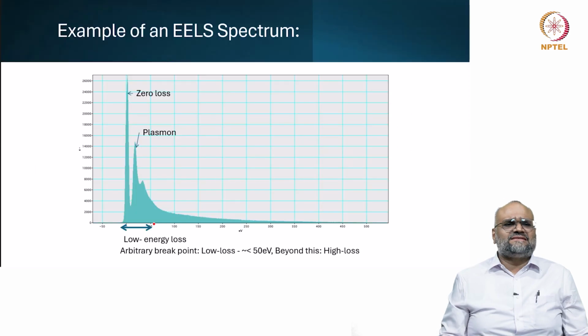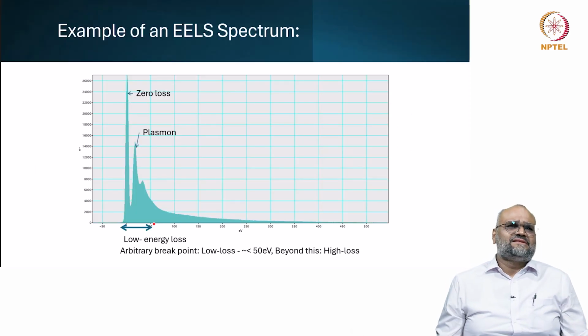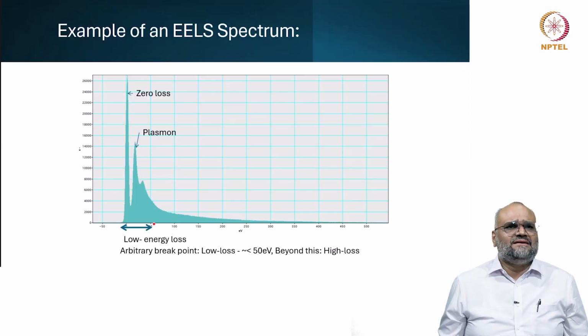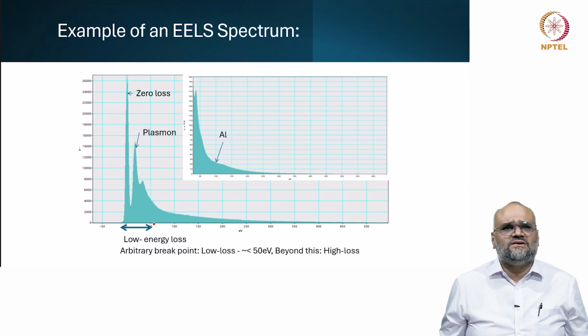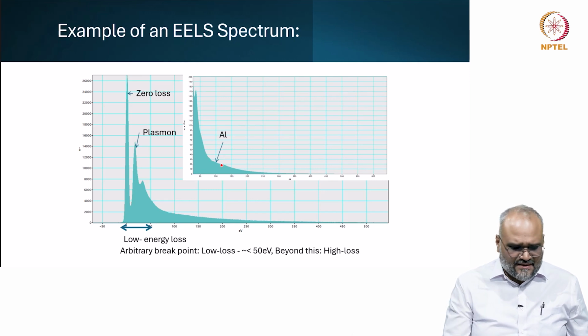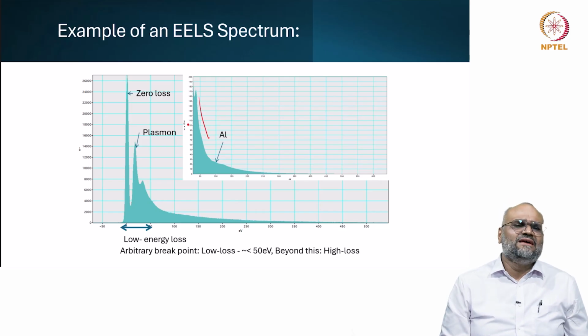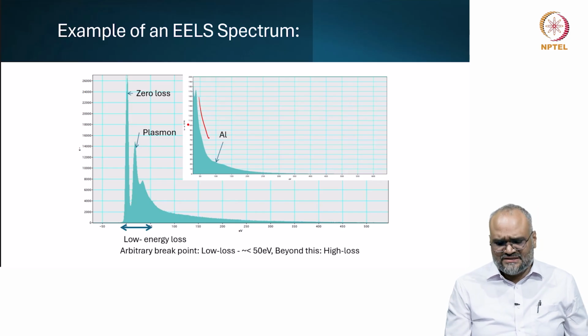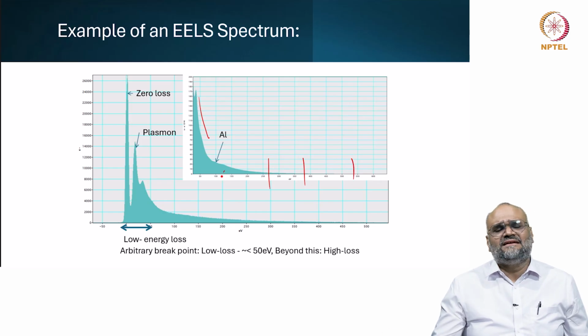If I look at an example EELS spectrum, this is how it looks, and if I look at it more closely, here is an ionization edge from aluminum. Bear in mind the strong background intensity is because of the thickness of the specimen, and depending on how I change the dispersion of the spectrometer, I can specifically choose a channel of energy and then get spectra from that particular region.